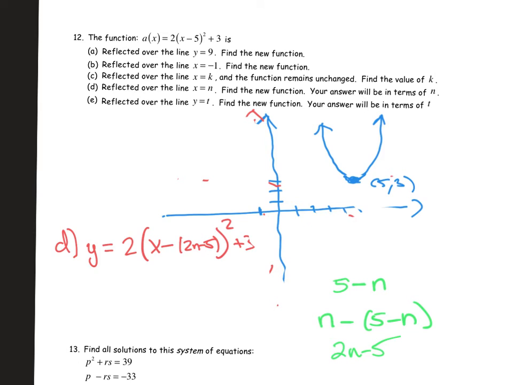All right, so now let's talk about reflecting it over what we did when it was 9. So notice we're at (5, 3). So up at 9, let's do y equals 9.